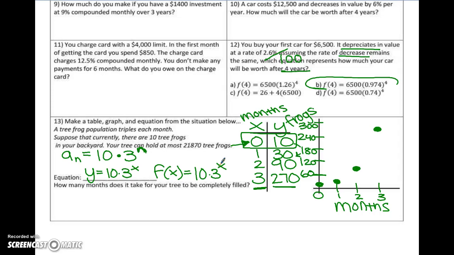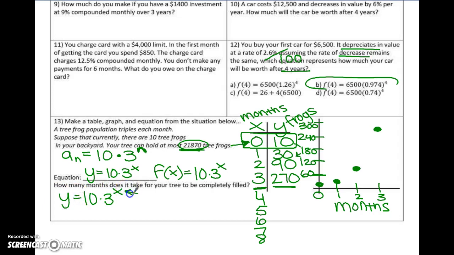How many months does it take for your tree to be completely filled? Well, you could just keep going in your table. It says here's when we fill up the tree is the 21,870 frogs. And if you keep going with the table, or you could plug numbers into your equation.